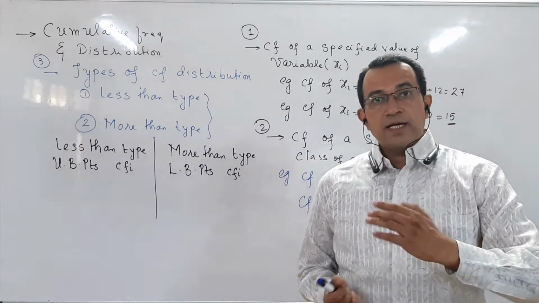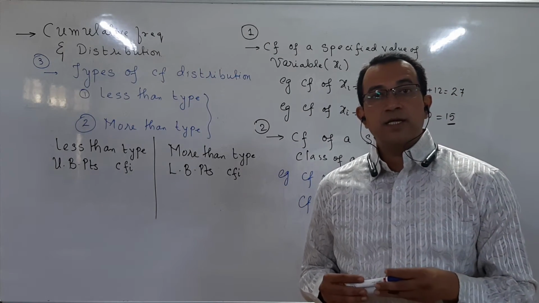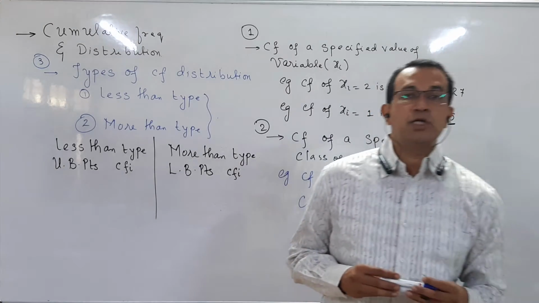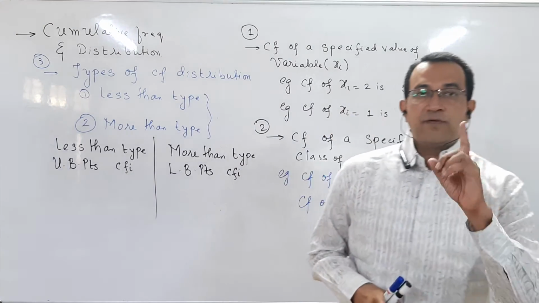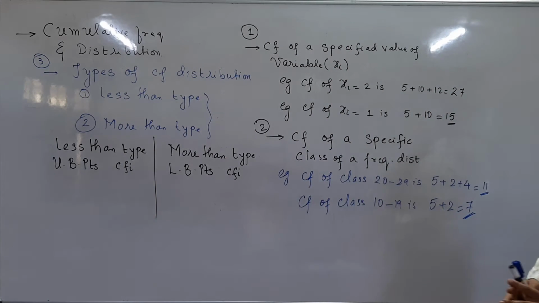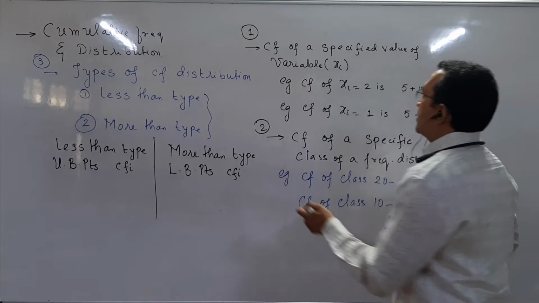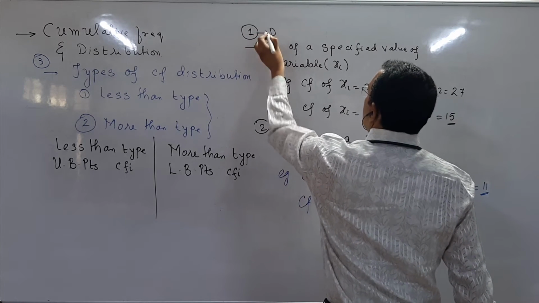So once again, I am revising again and again all the theories. This is a very important topic. Our first definition was cumulative frequency of a specified value of variable. Our second definition, I am writing here D. D stands for definition.